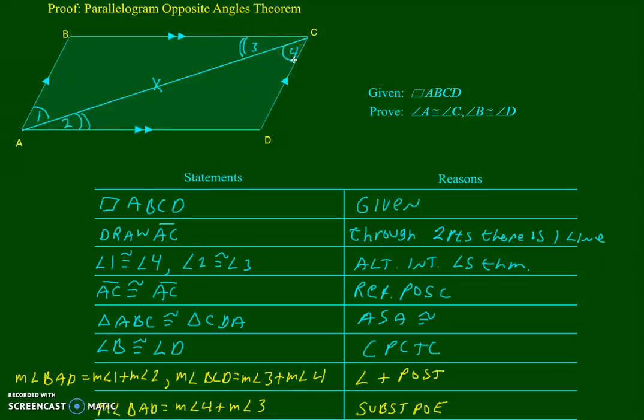So this big angle is made of these two small ones, and this big angle is made of these two small ones. We know then that because angle 1 is equal to angle 4, I can use substitution to substitute the 4 in for the 1 and the 3 in for the 2, because angle 2 is congruent to angle 3. Substitution property of equality.